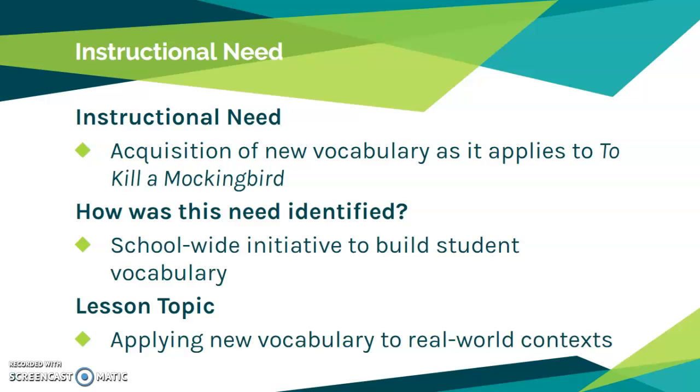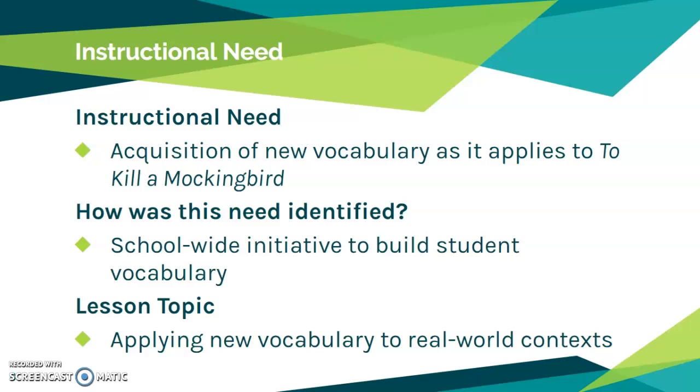How this need was identified: this is actually a school-wide initiative that we started last year, and it's kind of coming up in each of the content areas, not just English. The goal here is to build student vocabulary, so students are getting used to and accustomed to all these different types of vocabulary to help really build that vocabulary level.